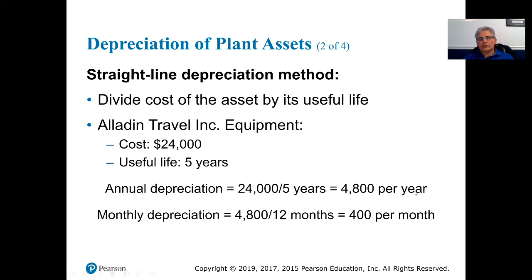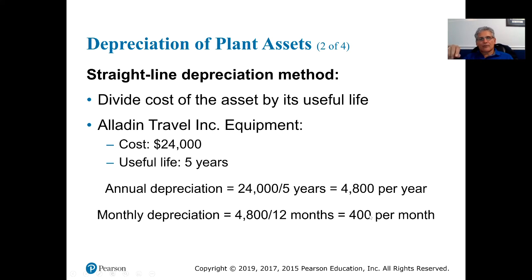But in this case, we bought it at the beginning of June, and all we want to do is recognize 1 month's worth of depreciation. So we'll take that $4,800 per year and divide it by 12, which gives us $400 per month.